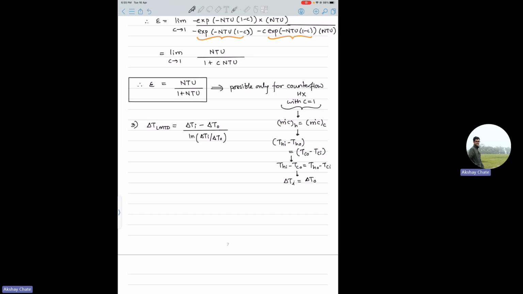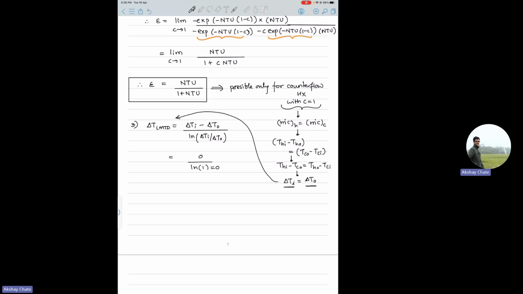So in this particular case, when your counterflow heat exchanger has capacity ratio of 1, the temperature difference at inlet and at outlet are the same. And what happens to LMTD in that case? The numerator will be 0, divided by ln of 1, which is also 0.